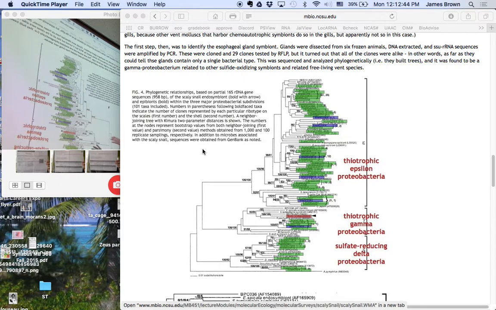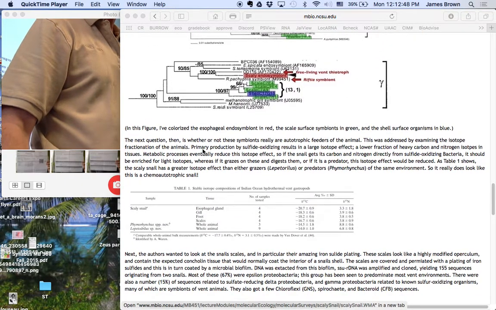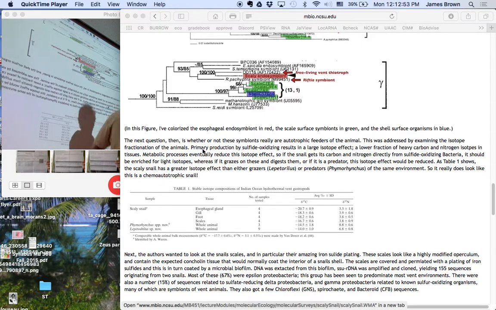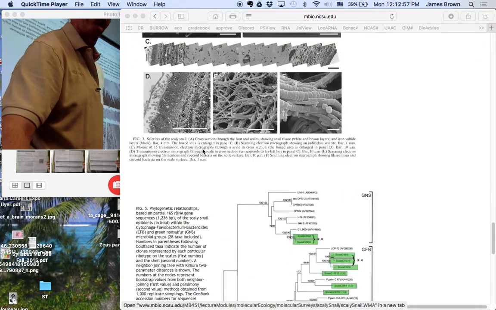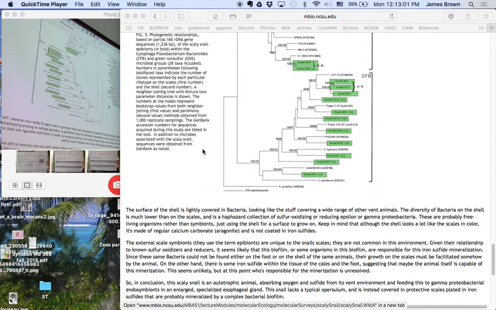The scale biofilm is much different. It's clearly very highly diverse. Here's some other ones, all these other biofilms. And I showed you the cytophagas and green non-sulfur bacteria. These guys are probably the filaments that you're seeing in the biofilm.